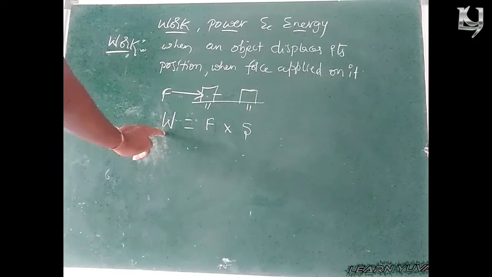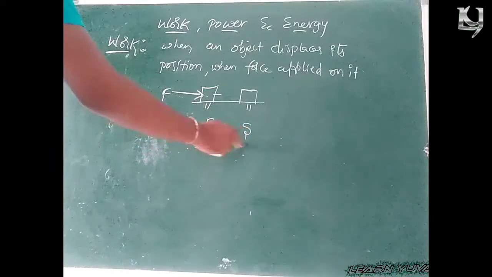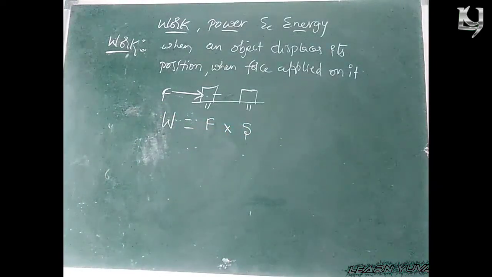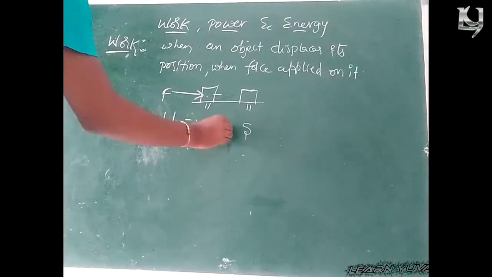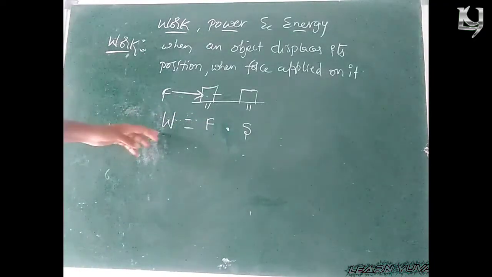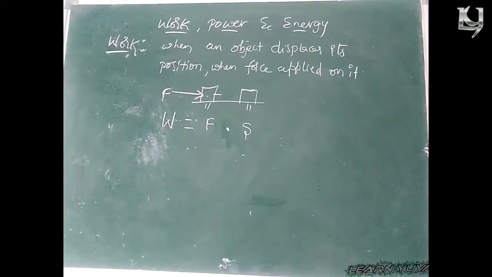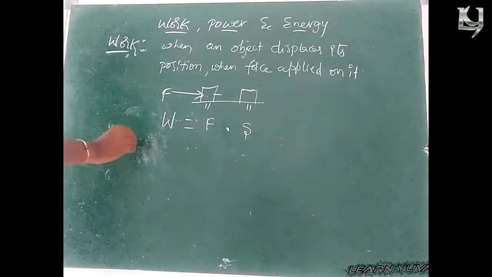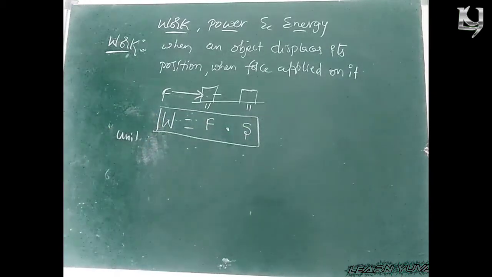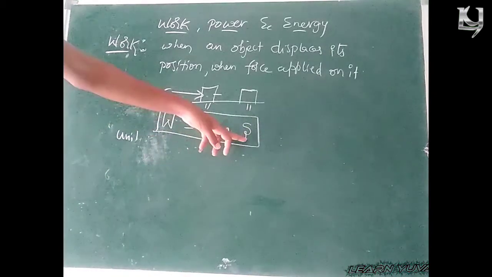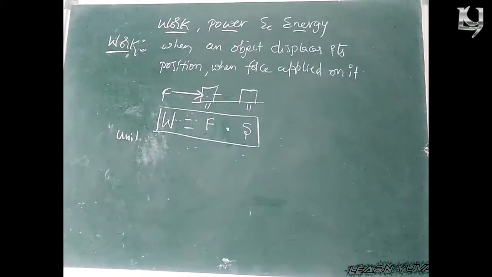Work is equal to force into distance or displacement, the dot product. Force into distance. So coming to the units, the work formula is force into distance. Whenever force is applied on a body, the body should displace its position.